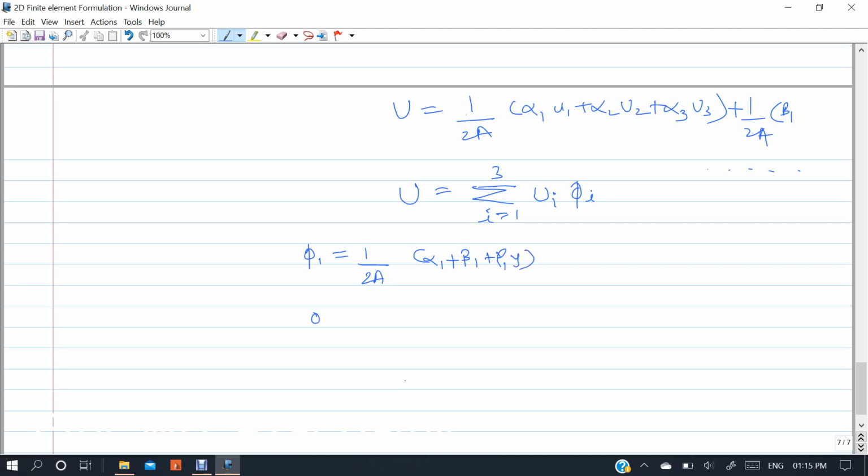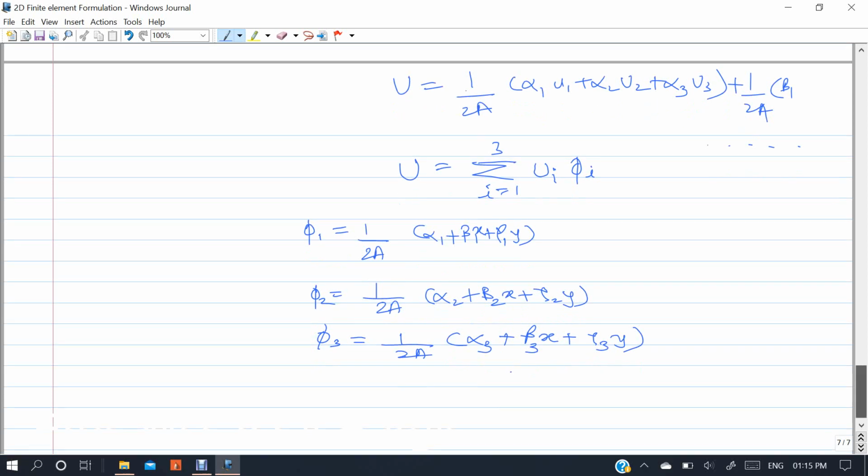Then phi 2 will become 1 upon 2A, alpha 2 plus beta 2 x plus gamma 2 y, and phi 3 equals 1 upon 2A in bracket, alpha 3 plus beta 3 x plus gamma 3 y. Okay, then you have to take the derivatives.